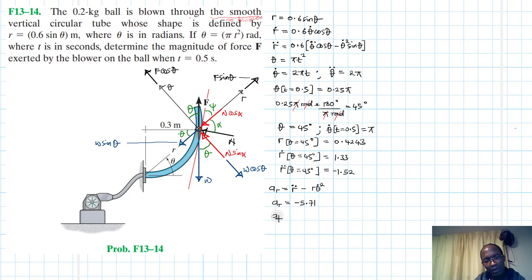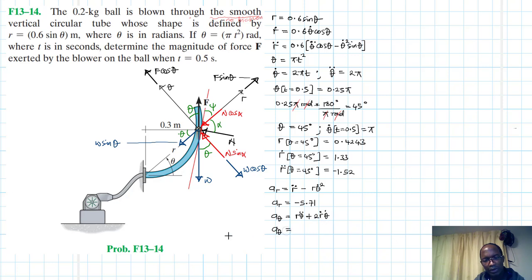Okay, and then a theta, this is the acceleration in theta direction. This is just r double dot, sorry, r theta double dot plus 2 r dot theta dot.